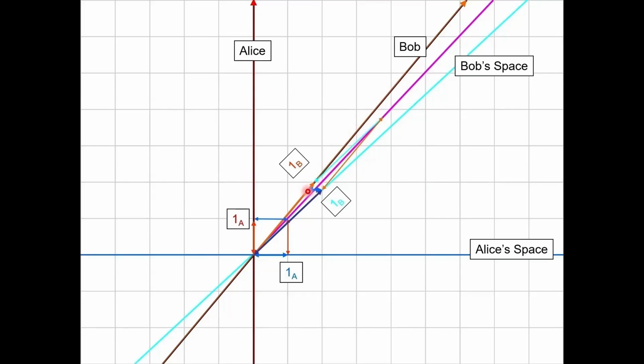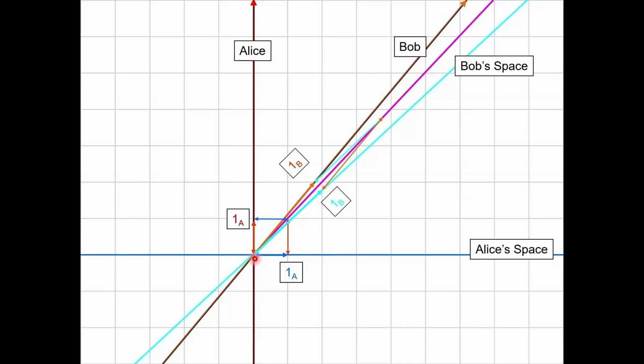So this is Bob's world line at the same time according to Alice as this point, which is the end of the stick. And as you can see, the distance of this 1 unit stick according to Alice is half the distance of her 1 unit of distance. So Alice sees 1 unit of distance of Bob as being half a unit of distance of hers.